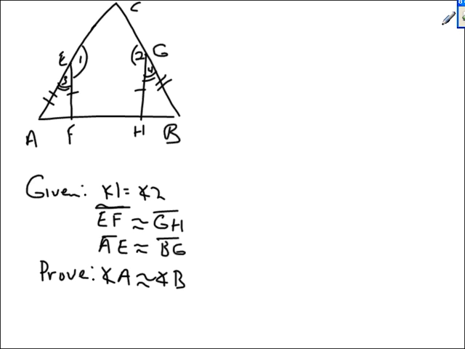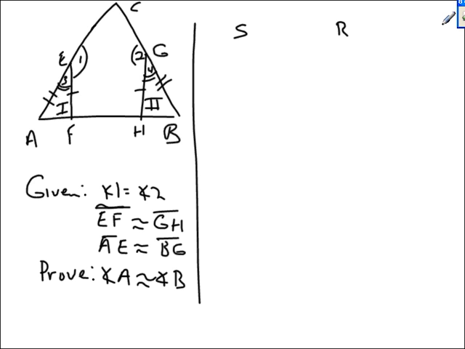If that's true, then this little triangle here and this little triangle here are congruent by side angle side. And then by corresponding parts of congruent triangles, angle A and angle B are equal. Okay. So first, we need to get angle 3 and angle 4 to be the same.